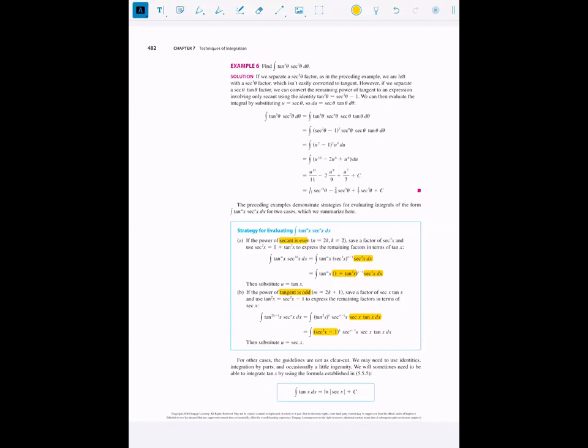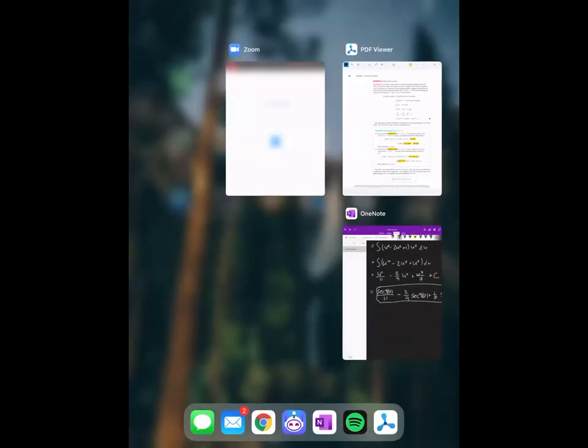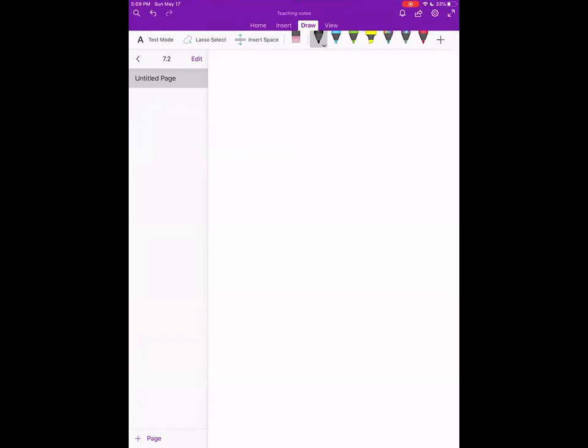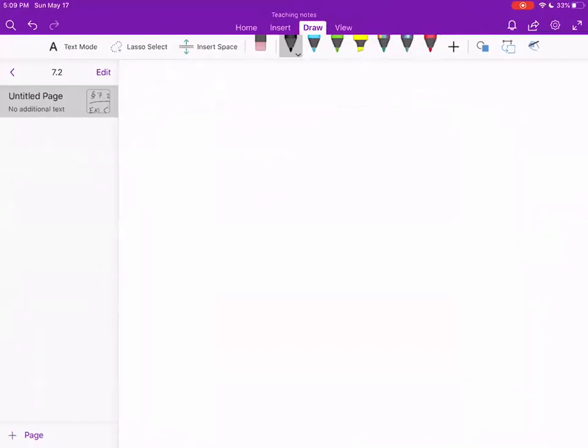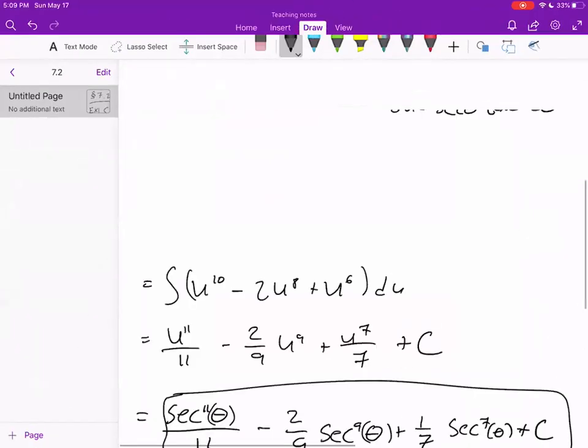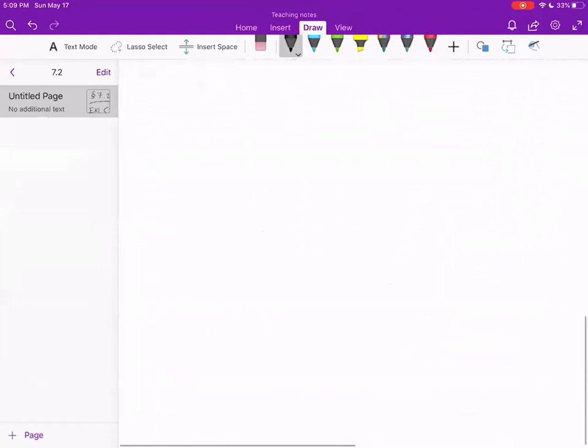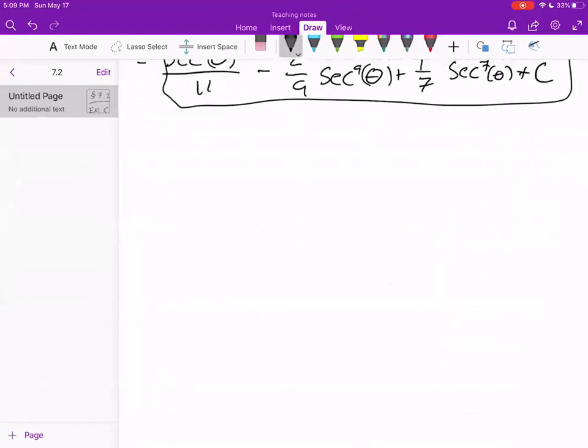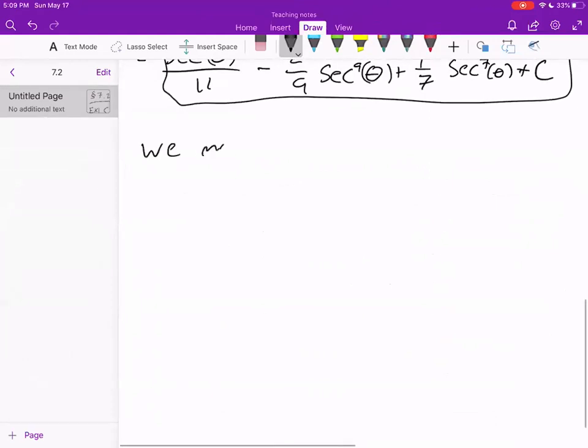So I'm going to switch back over to the notes, and we'll talk about some of the important things you need to remember. So here we go. We have a couple of integration formulas here.